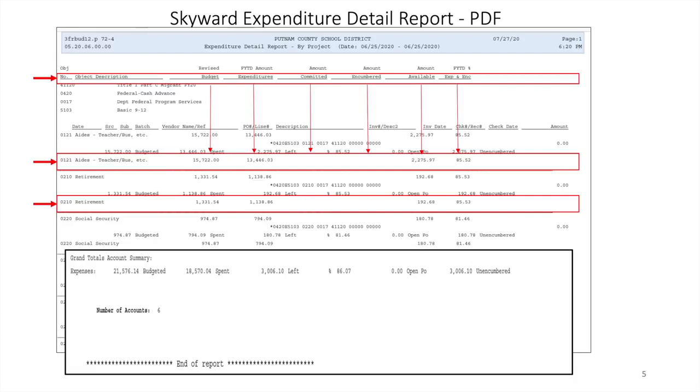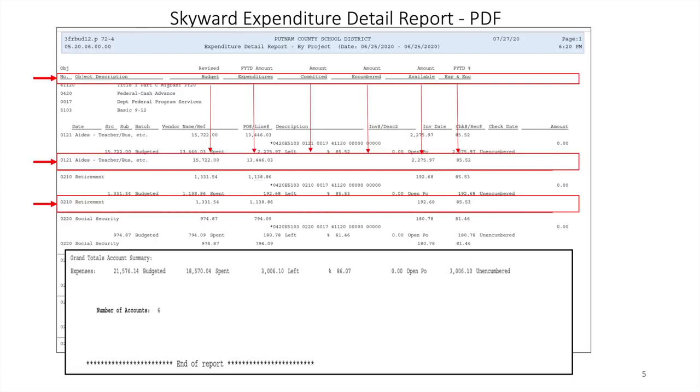And if you go down to the row with the second arrow, this is an example of one object, object 121, which is a teacher aid. We know that that line had a beginning budget of $15,722. Year to date spent is $13,446.03. There are no open POs for this, so it has a remaining balance of $2,275.97.